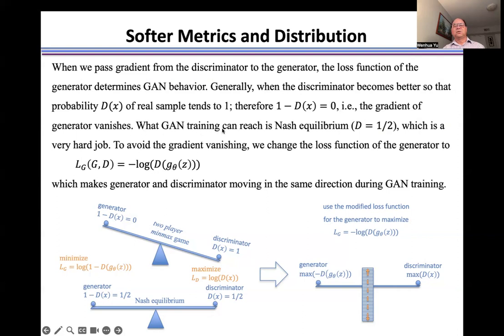What GAN training can reach is Nash equilibrium, namely D equal to 1/2, which is a very hard job. To avoid the gradient vanishing, we change the loss function of the generator to negative log D, which makes the generator and the discriminator move in the same direction during the GAN training. The idea is shown here graphically.